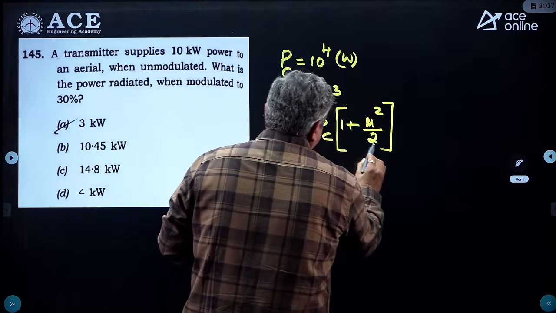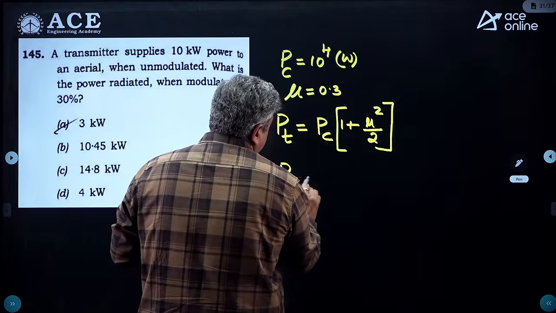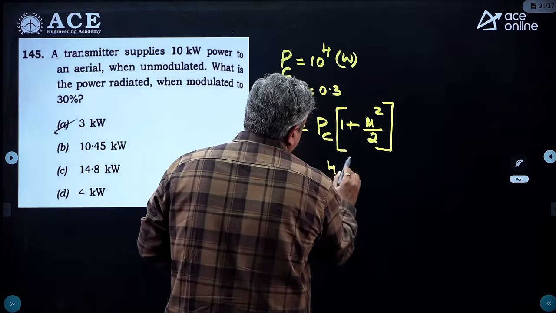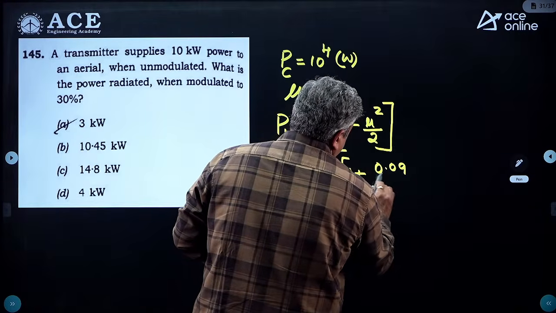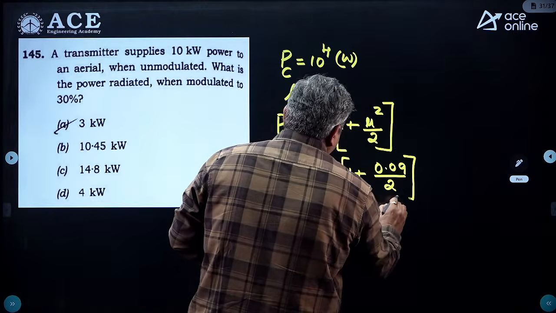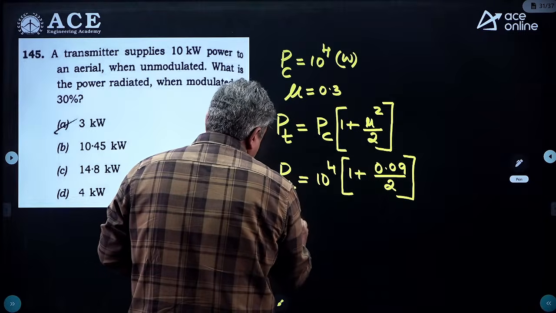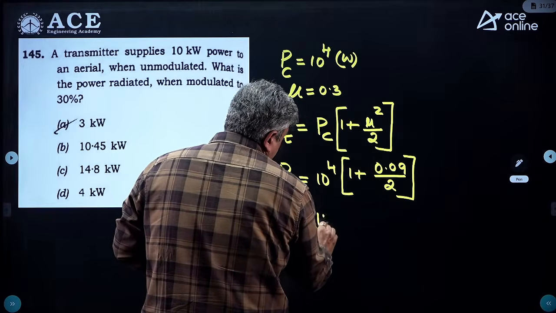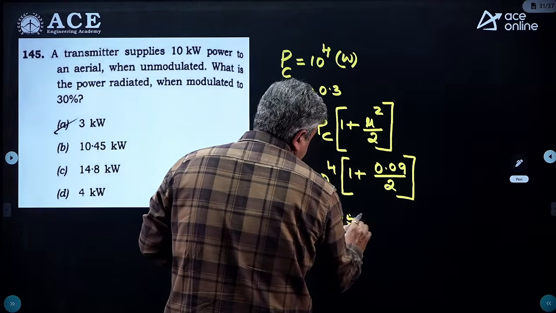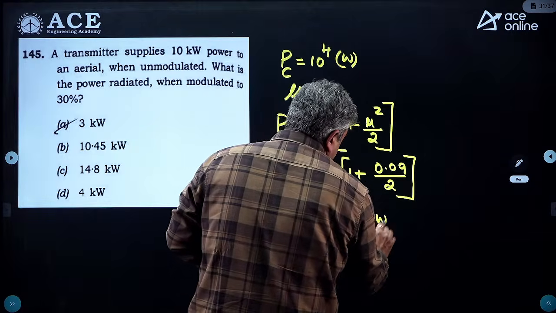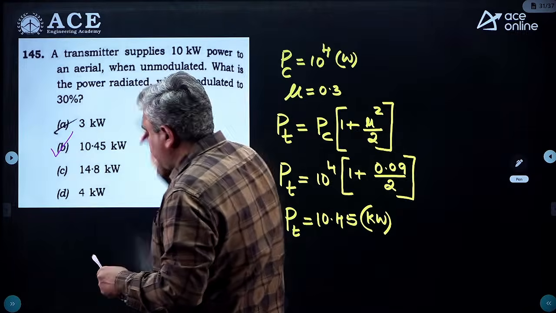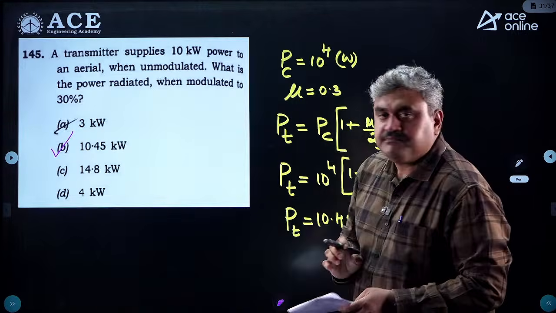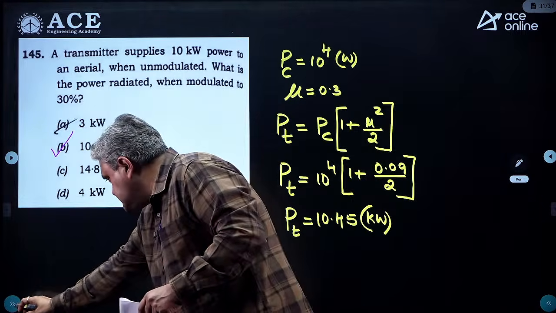Just substitute all the values. This value will be 10 to the power of 4 into 1 plus 0.3 whole square, which is 0.09, divided by 2. Options are given in terms of kilowatts. So, you will get 10.45 kilowatts. That is it. This is also a straightforward formula bit only. Most students will have done it correctly. Okay, right. Let us see the next question.